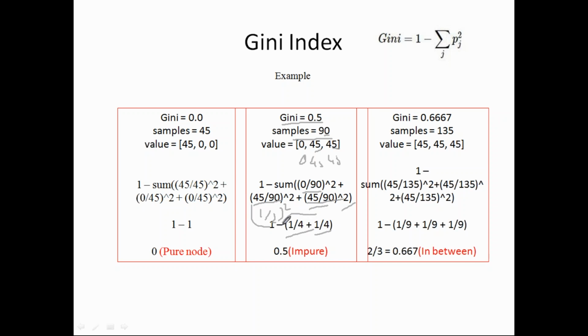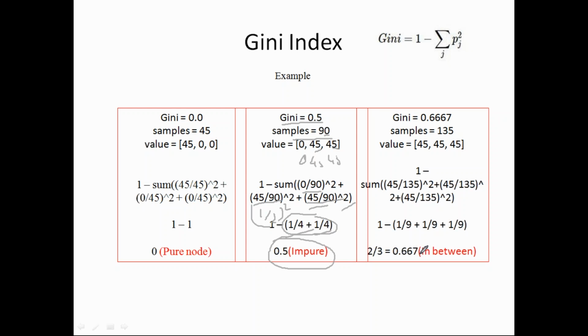This 1 by 4 plus 1 by 4 becomes 0.5. So this is an impure node: 1 minus 0.5. This is an impure node, and splitting is not recommended, because your data points are split equally.